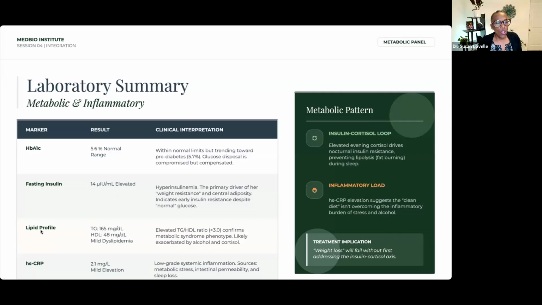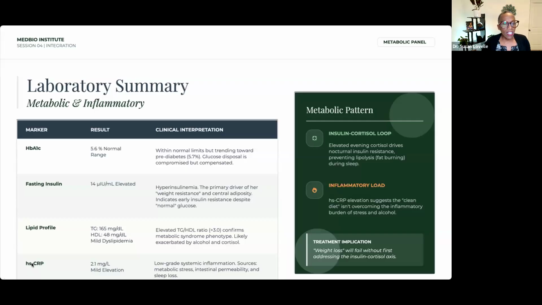Okay. So the next one is her lipid profile. She's got some metabolic syndrome here. Her triglycerides are 165. HDL is 48. We'd like to see that a little higher. So a little bit out of order. Not anything you'd be screaming about, but definitely starting to say, okay, the metabolism's not working the way we'd like it to.